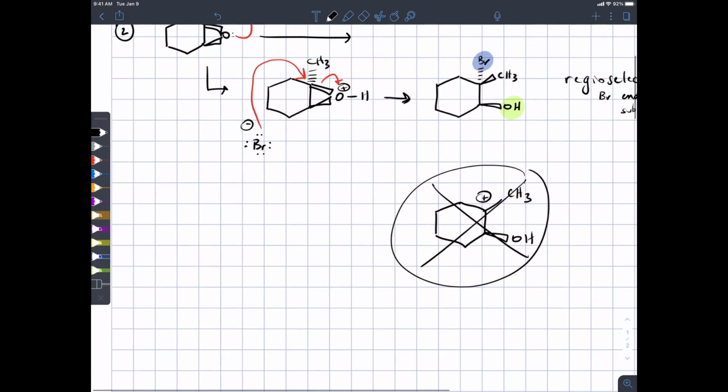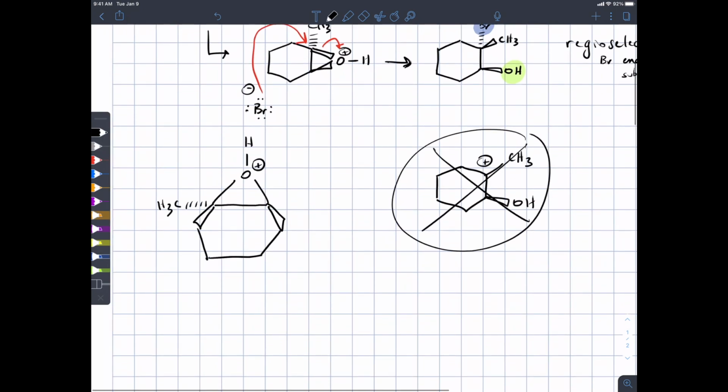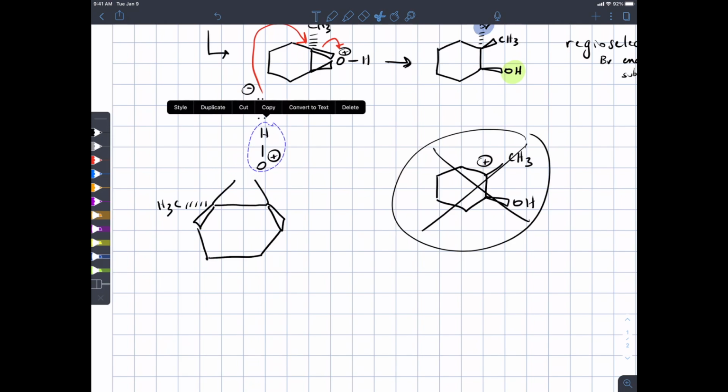So the explanation is that there is no carbocation intermediate. Instead, if we could zoom in on the epoxide, I'll try to draw it in a slightly different way. Here are the two carbons in the six-membered ring, and here is the methyl group. As the reaction progresses, the oxygen here leans over, and it leans over away from the more substituted carbon.